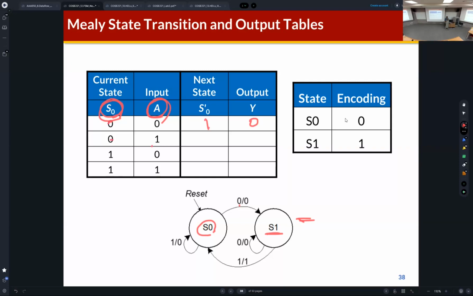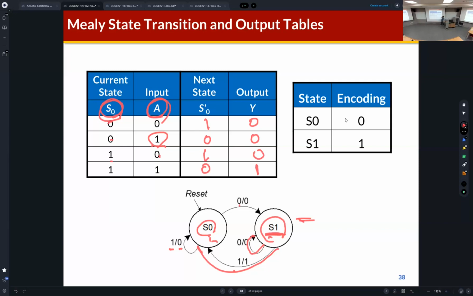For the arc, the number on the left side is the input. If the input is 1, the next state becomes S0, which is 0, and the output is 0. When the current state is 1 and the input is 0, the next state is S1, which is 1, and the output is 0. When the input is 1, it goes to S0, and the output is 1.